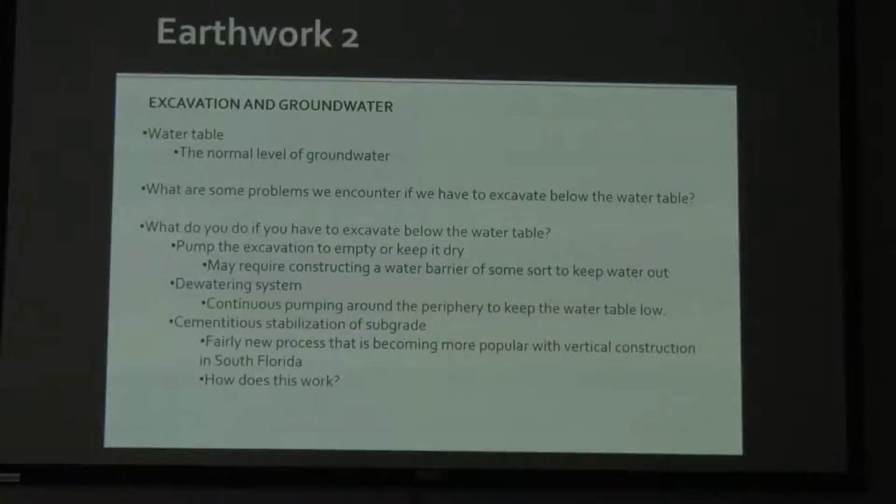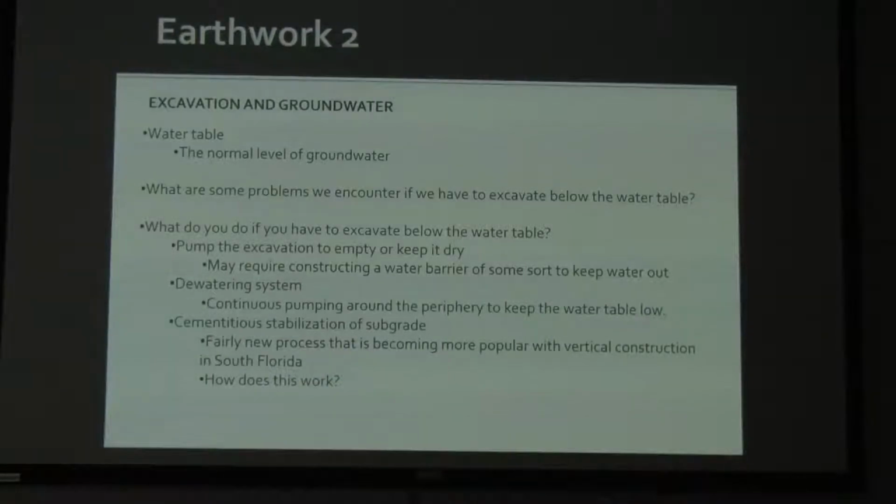Then the next question is, of course, what do you do if you have to excavate below the water table? Well, we'll pump the excavation to empty it to keep it dry. May require a water barrier of some sort to keep water out. Dewatering system, continuous pumping around the periphery to keep the water table low.